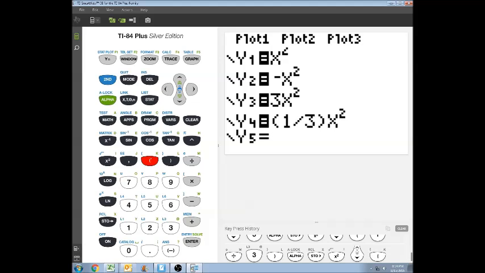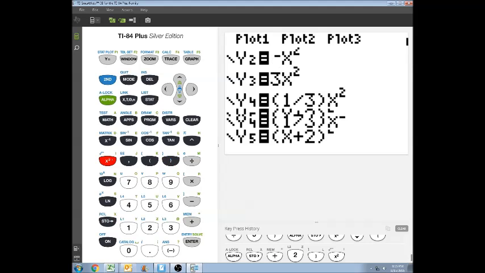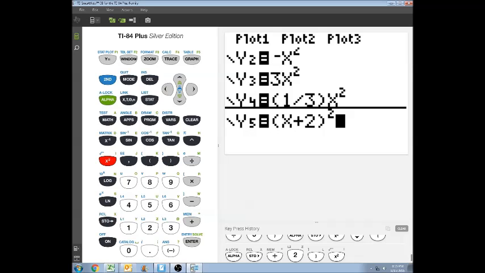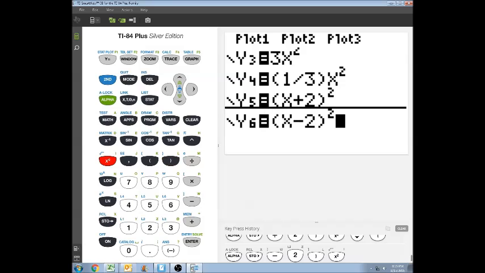Then it will be parentheses x plus 2, all of that raised to the second power. Then we go right back and hit x minus 2 in parentheses raised to the second.